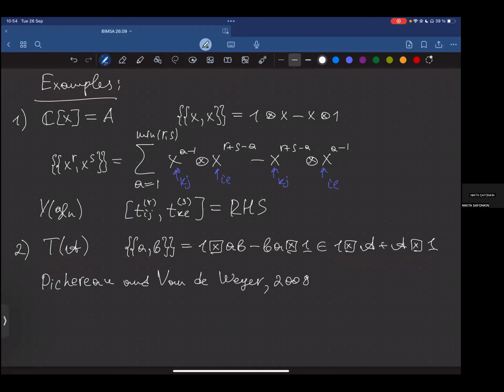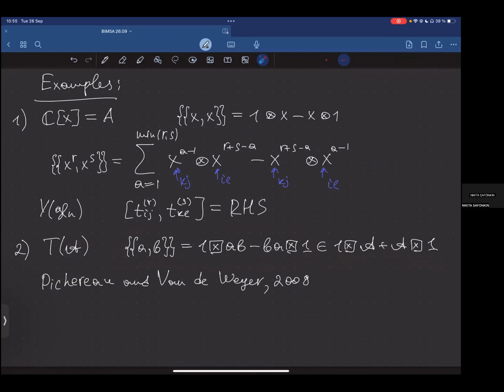In fact, all such Poisson brackets are classified by multiplications on the vector space. So this double Poisson bracket is a general double Poisson bracket in the class of these linear double Poisson brackets.